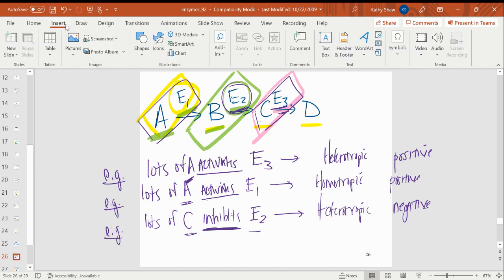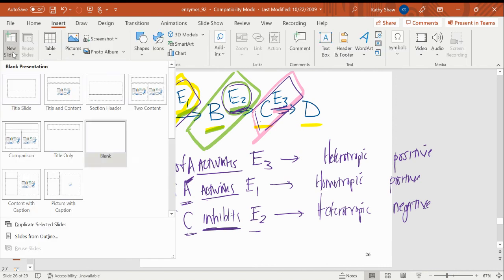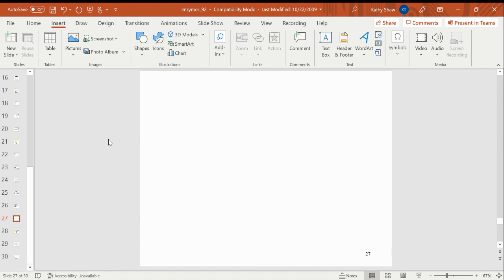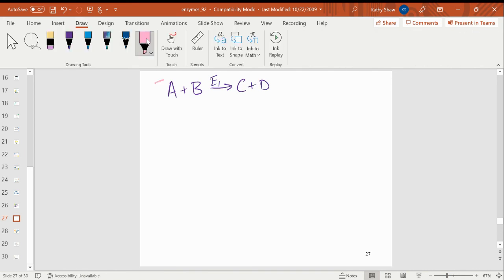The other thing, and we didn't do this in class, I'll try to remember to do it. The other thing is, if you need to, when you're given a real reaction, put A and B in there, go ahead and do that. Let's do something else quick first. If I have something like A and B goes to C plus D, and I have my enzyme, don't forget that A and B are both substrates of E1.